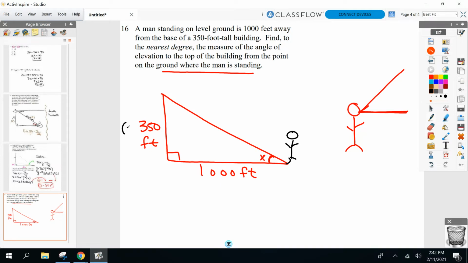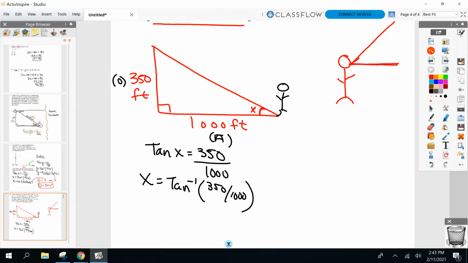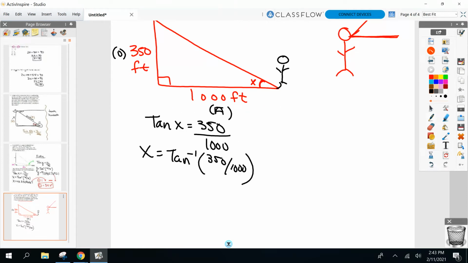Let's see, 350 is opposite. 1,000 is adjacent. Tangent. Opposite over adjacent. And then just like the previous problem, anytime you're finding an angle, you want to use the inverse of whatever ratio you're using. And then I didn't even take a look.